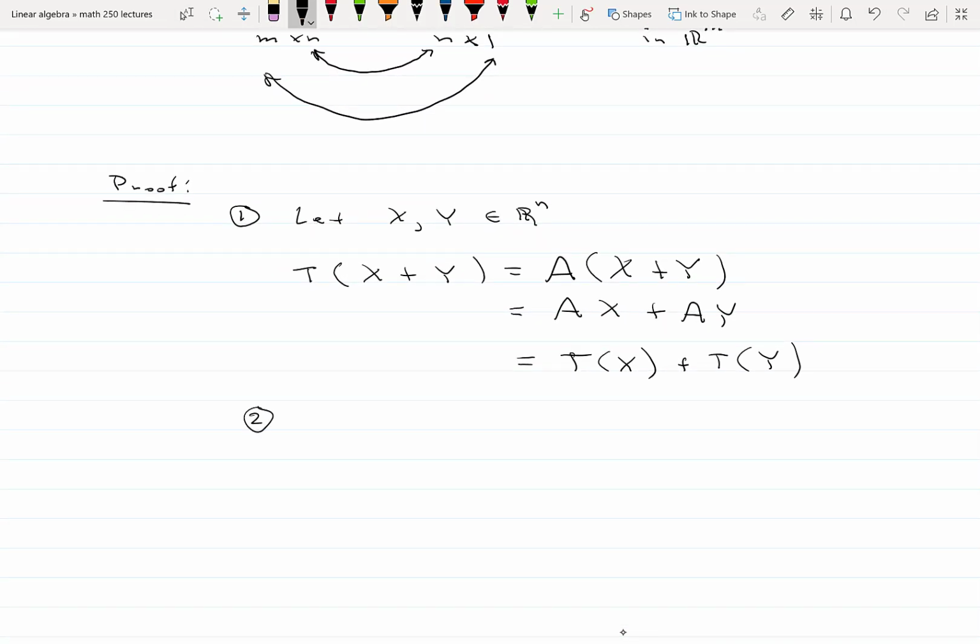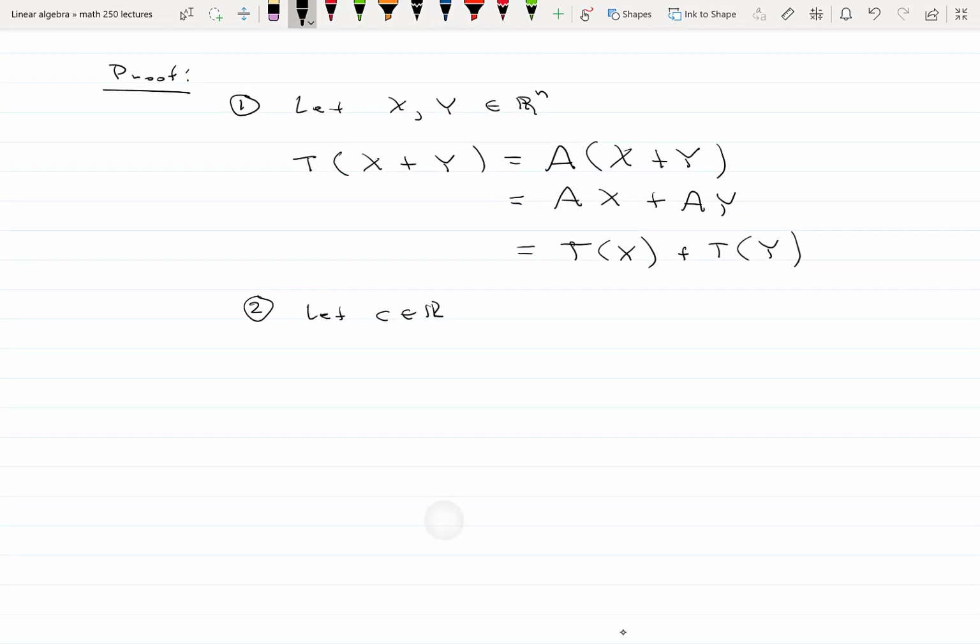Two. Let c be a scalar. And let's see what the transformation does to cX, c capital X. Well, it is A times cX.